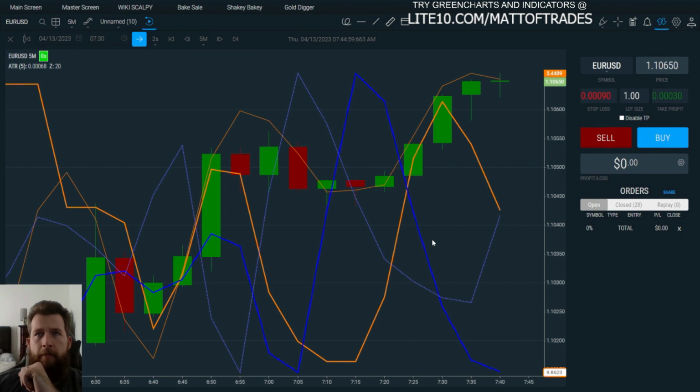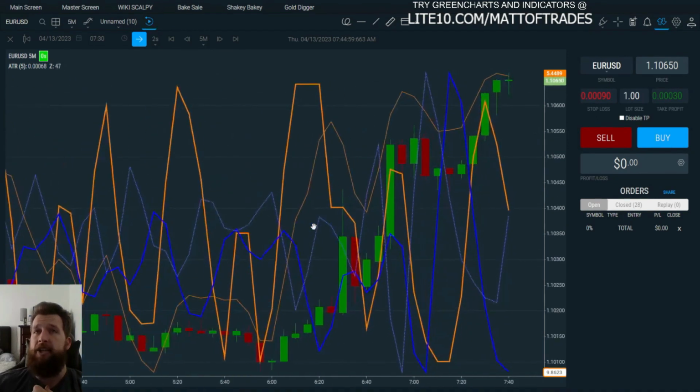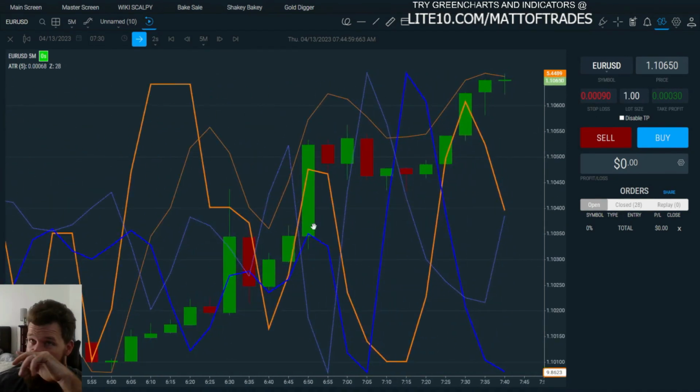One thing worth noting about the TNTs is you're not really going to be looking at how the price action interacts with these lines, because it does not scale with the price action as you zoom in and out. So we're not looking for crosses. We're not looking for the price to cross these lines kind of like we do with pressure.